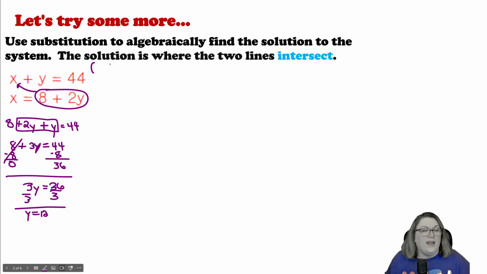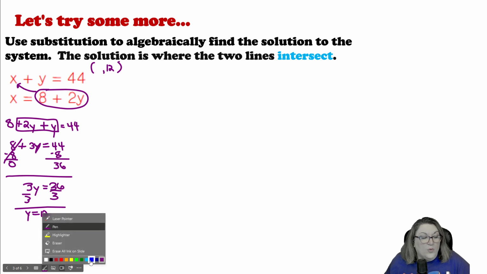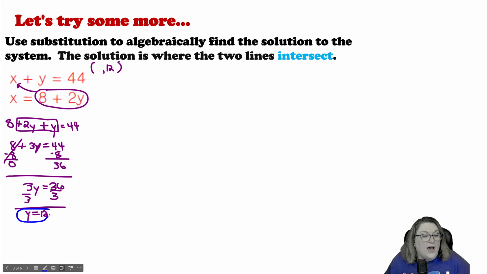I'm just going to write that up here in the y position, because we know that the x comes before the y, so it's going to go there. And then once we have our y, in order to solve for x, I'm going to substitute it back in. So this y, I can substitute it into either equation.